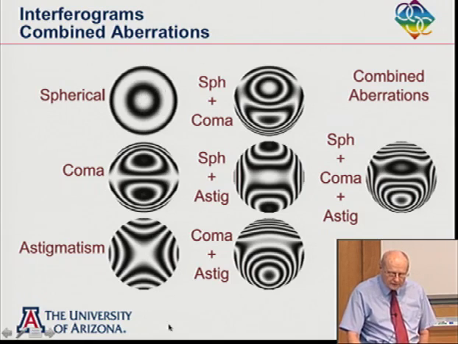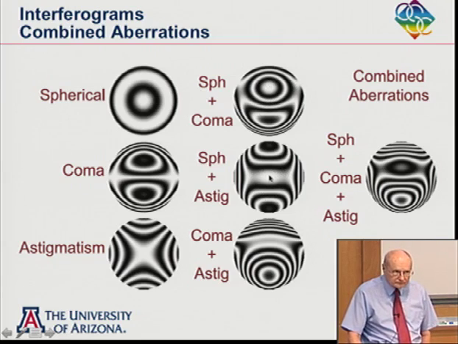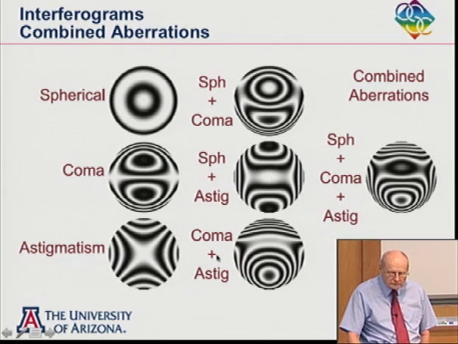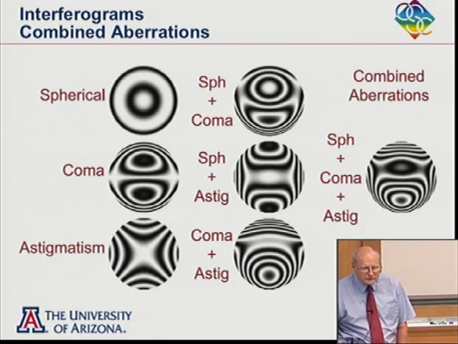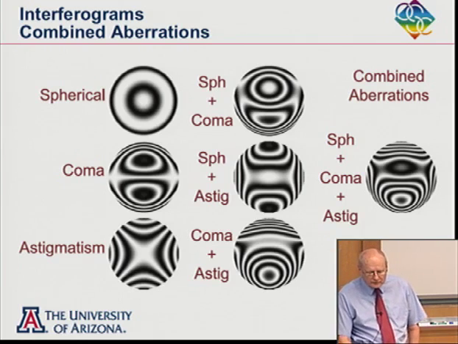Now we combine spherical and coma, and we get something like that. Or spherical and astigmatism, we get something like this. Or coma and astigmatism, and we get something like this. So it begins to get complicated pretty fast. And then just for the heck of it, we combine all three, and it becomes a complete mess.